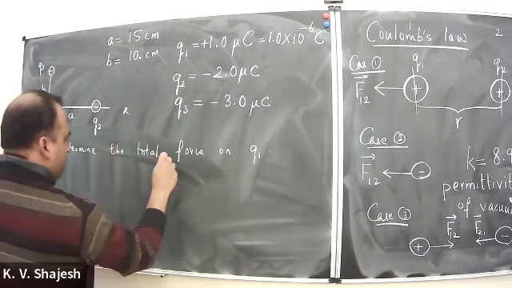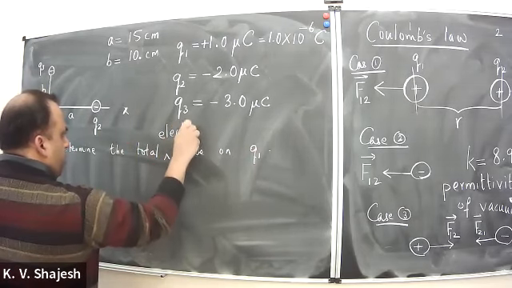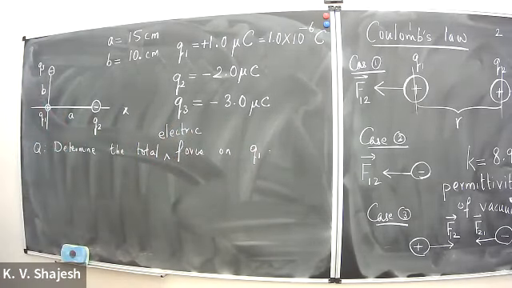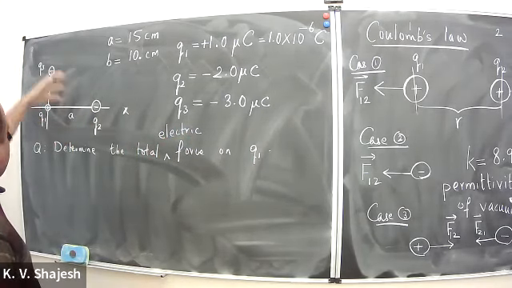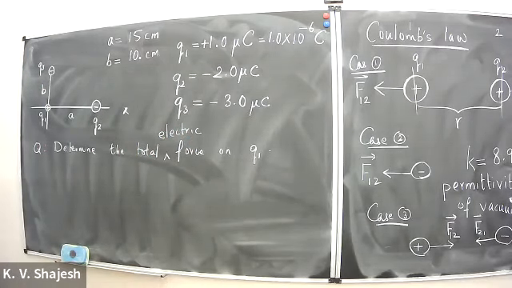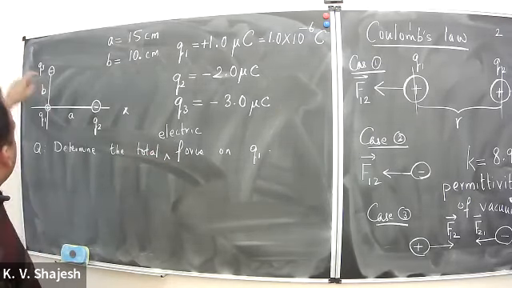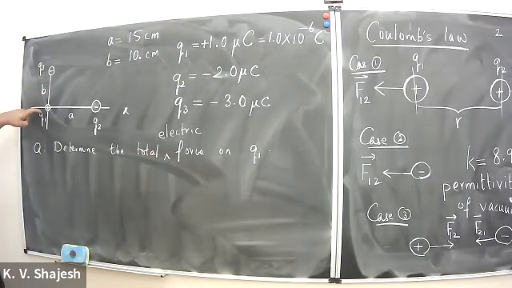Let me also say the total electric force, because you might wonder, oh, what happens to gravity, right? These are spheres. If you leave it as it is, if it has a mass, it will experience a gravitational force or other forces. So let's clarify that we are only interested in the electric force. That means Q3 exerts a force on Q1, Q2 exerts a force on Q1, and similarly, all three of them exert a force on each other.